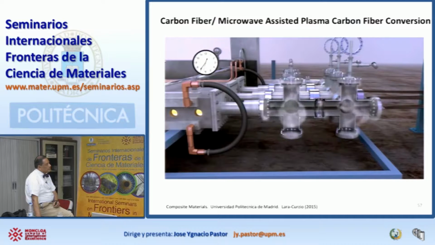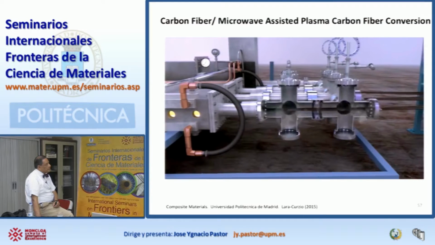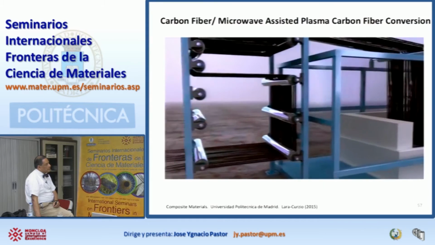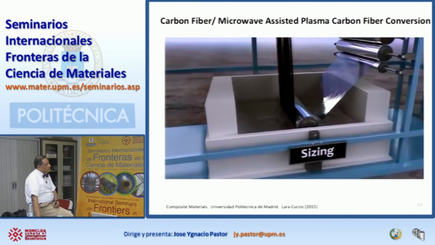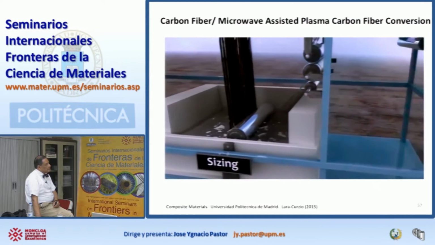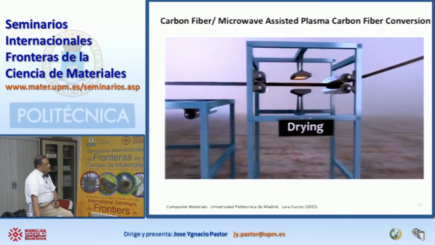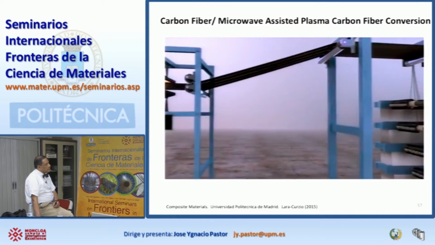Surface treatment occurs inherently near the exit of the MAP carbonization module, thus eliminating the need for a separate surface treatment module. A thin coat of polymer is applied to the carbon during sizing, which protects the fiber and makes it easier to handle. The carbon fiber is then dried and packaged, typically by spooling.